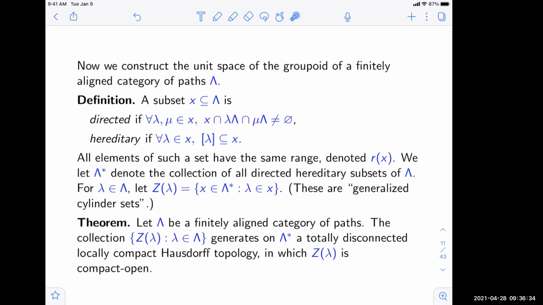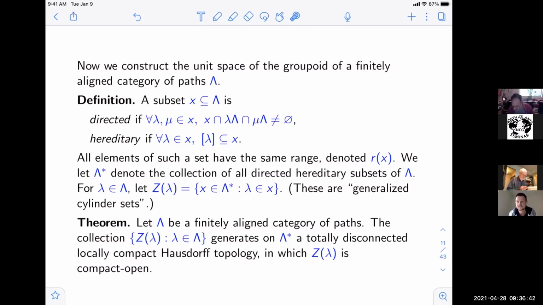Now, if you have such a set, all the elements in the set have a common range, so we can extend the range to these directed hereditary subsets. And we let lambda star be the collection of all directed hereditary subsets. Within there, we have the notion of a cylinder set. All x's that contain the element lambda form a cylinder set defined by lambda.